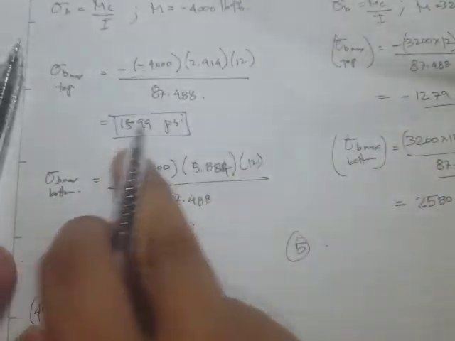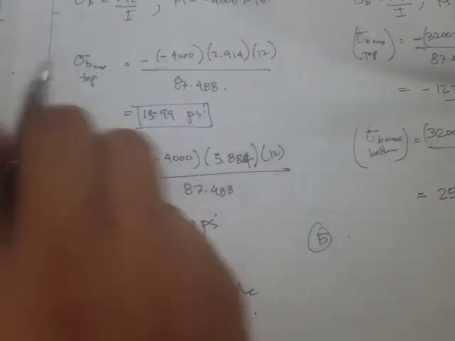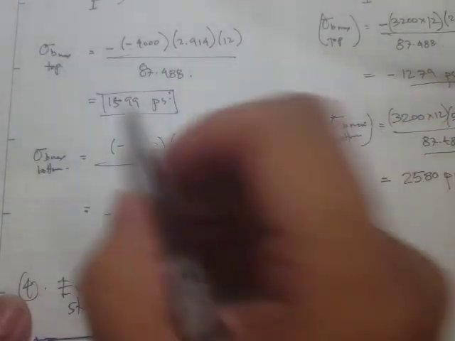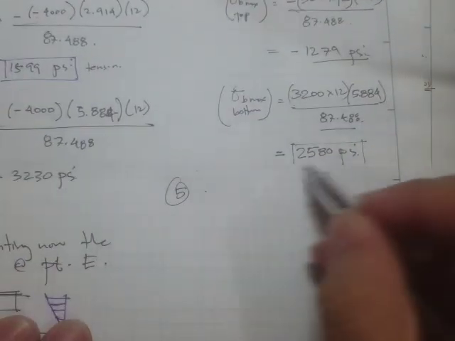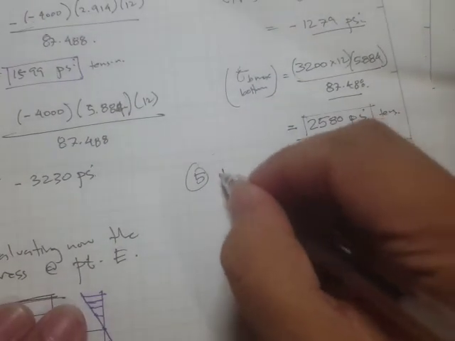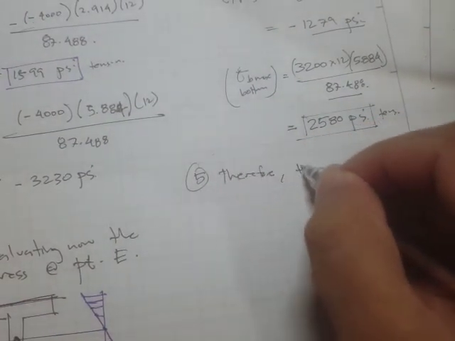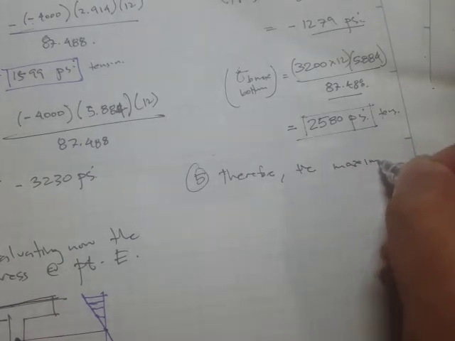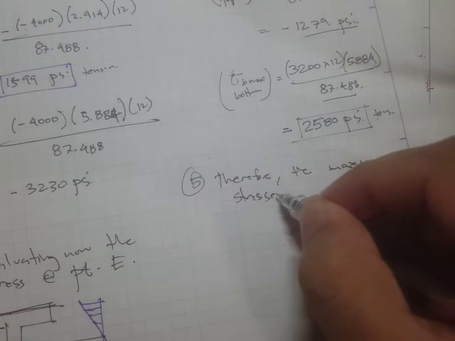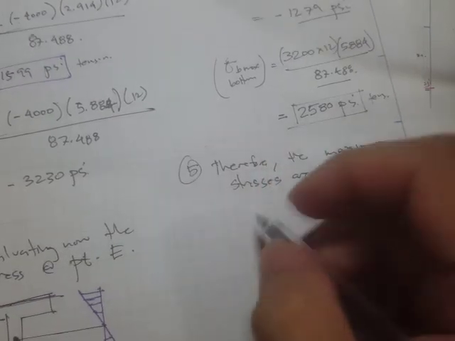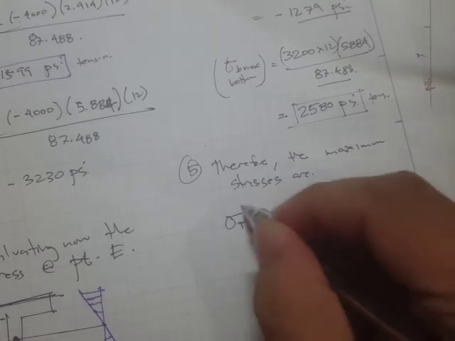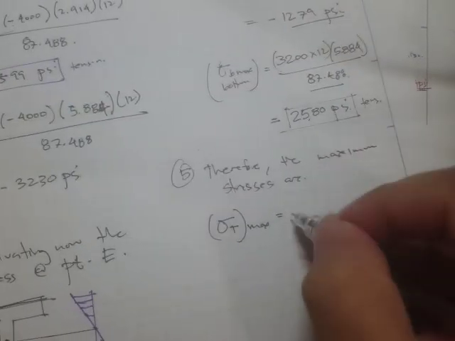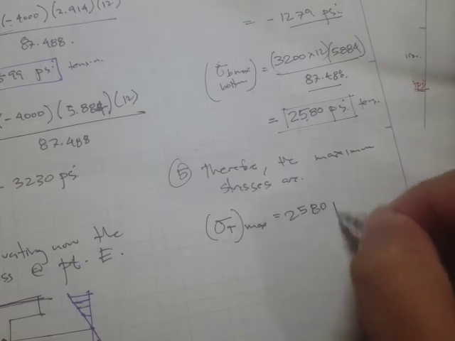Let's compare the results. We have the values right here. I think we should write whether it's in compression or tension, so let's write tension here. Therefore, the maximum stresses for tension, sigma t max, is going to be 2,580 psi.